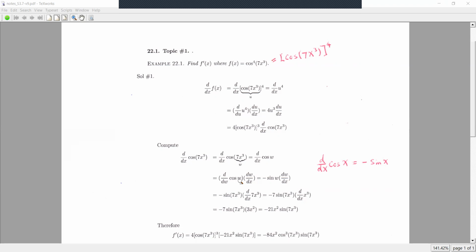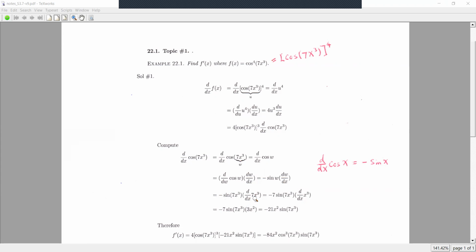Derivative of cosine of w with respect to w by this formula is negative sine of w. Now, plug in 7x to the third in the w here. Then I have this equation.